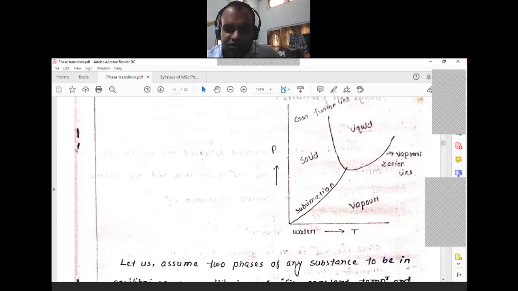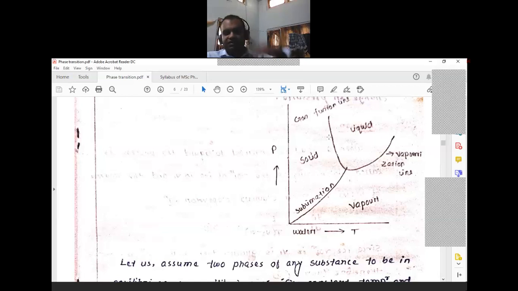The volume of vapor V3 is greater than the volume of solid V1. Of course, we all know vapor has greater volume, because gases or vapor can extend to a much larger volume than that of a solid. Therefore, V3 is greater than V1.